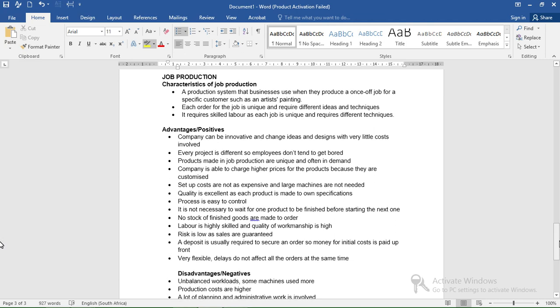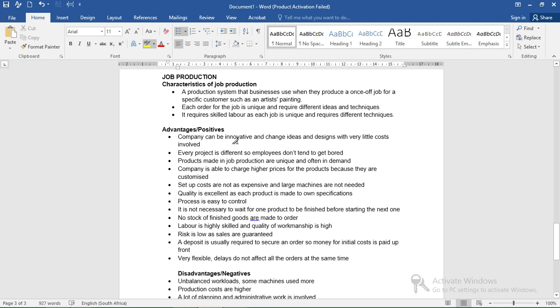Right, the last production function, they said there are 3. We spoke about mass production, producing things continuously without any interruption. And then we have batch production. Batch production, guys, is called interrupted production because you stop, it is interrupted. Batch production and job production are both called interrupted production systems. Why?